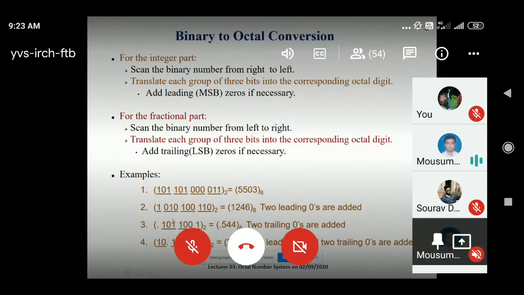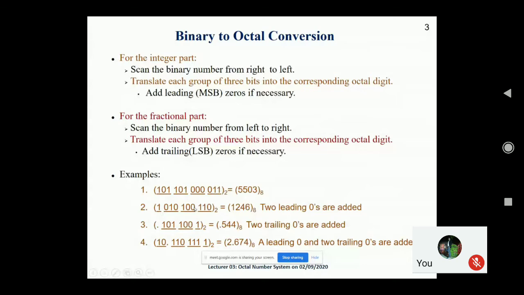Now see the next example. This is the integer part, so again we go from right to left. At first it is 011, a 3-bit sequence. 001 is 3 bits, 010 is 3 bits, but the last group has only 1 bit. So we add zeros in the MSB if necessary, and it becomes 001.